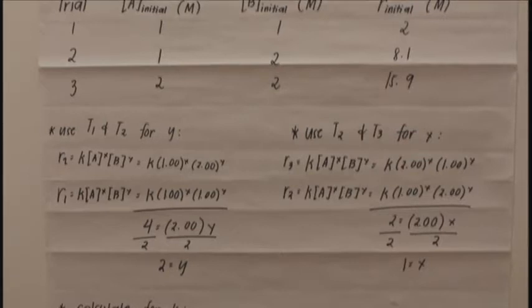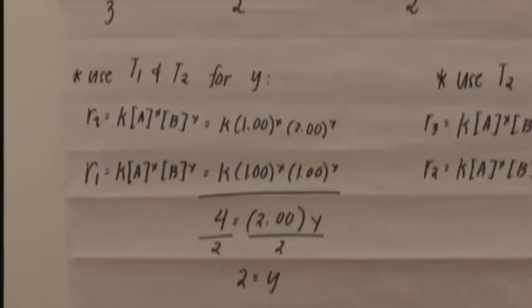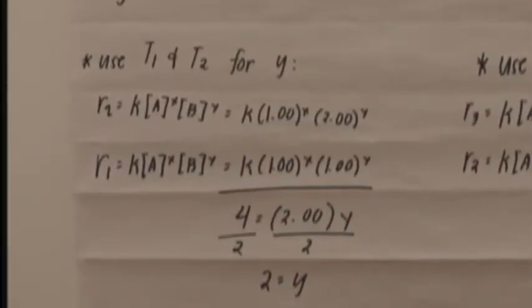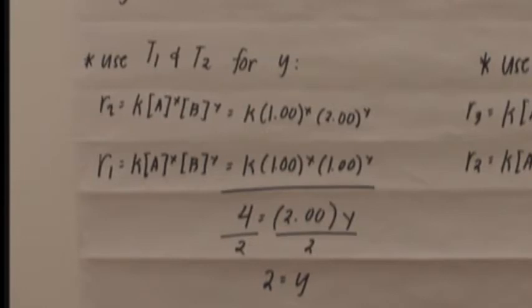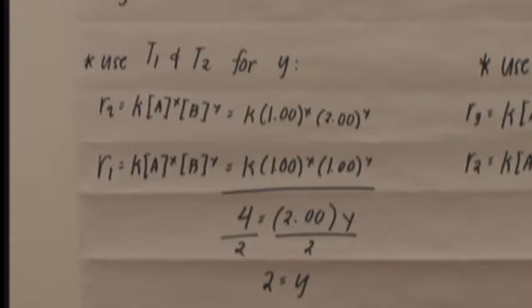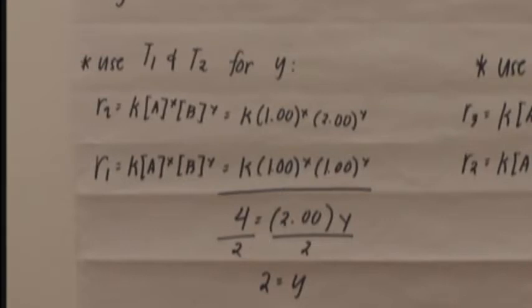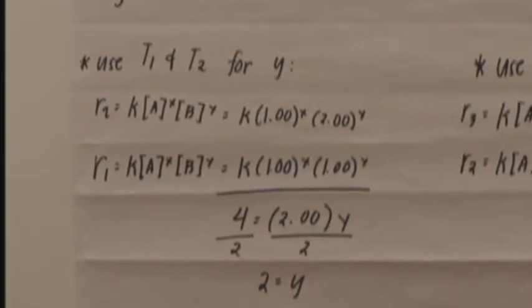In order for us to identify the order for y, we should use trial 1 and trial 2. Given that the general formula for the rate law expression is equal to the constant multiplied by the initial concentration of A raised to x multiplied by the initial concentration of B raised to y. Since we're going to use trial 1 and trial 2, we're going to use their rate law expressions.